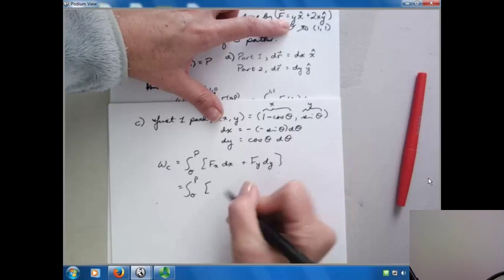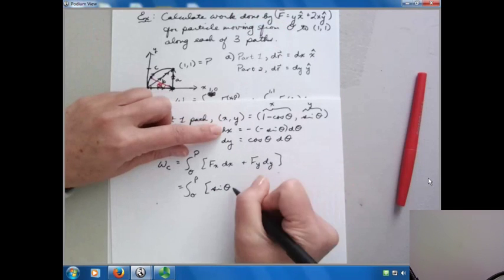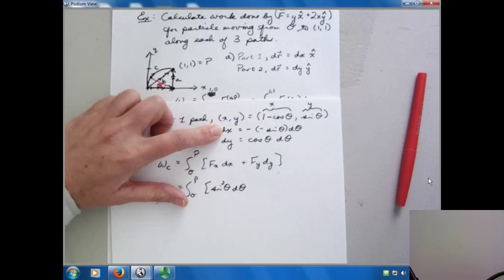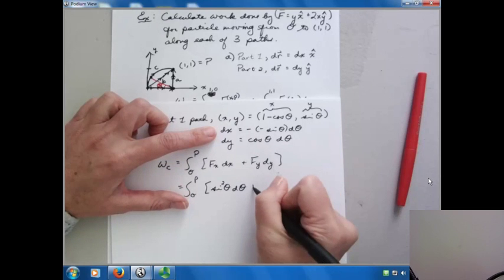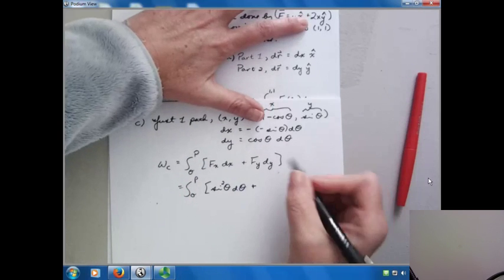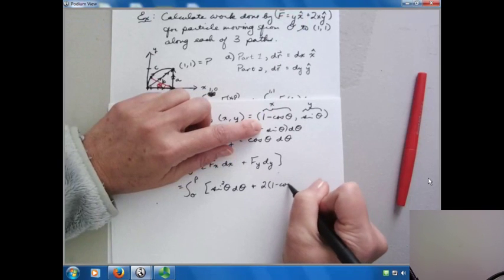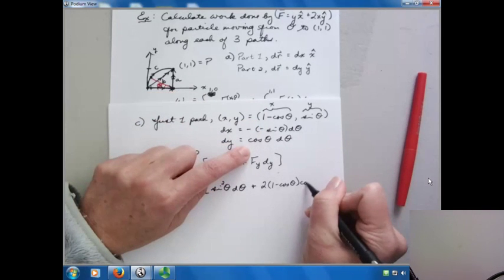So I've got sine theta, and then I've got dx, which is also sine theta d theta. Let me write that sine squared theta d theta. Plus Fy, which is 2 times x, where x is 1 minus cosine theta, times dy, where dy is cosine theta d theta.